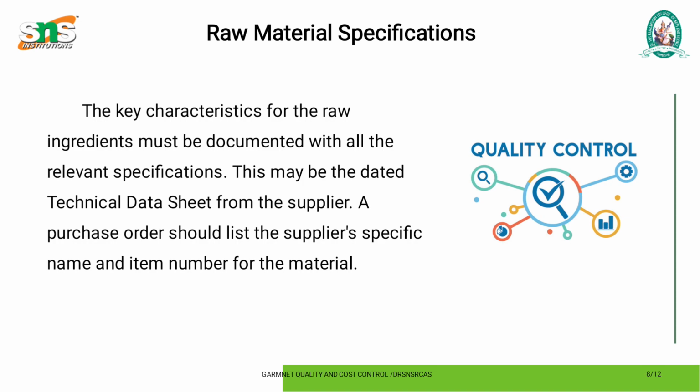A purchase order should list the supplier's specific name and item number for the material. That means from the beginning we have to check the quality of the raw material, how the raw material is arriving, what is the type of the quality, then material cost, then lifespan. All these characteristics we have to see.